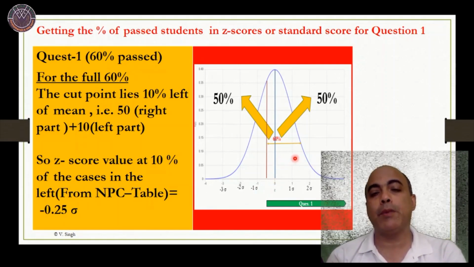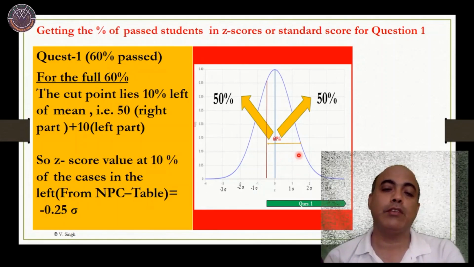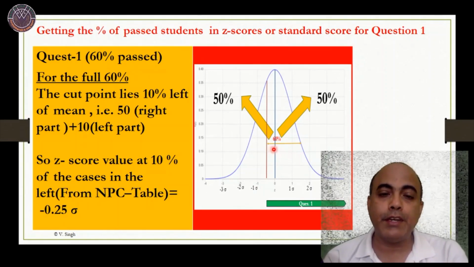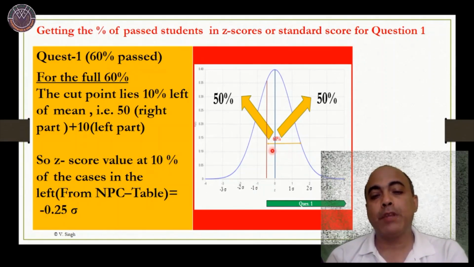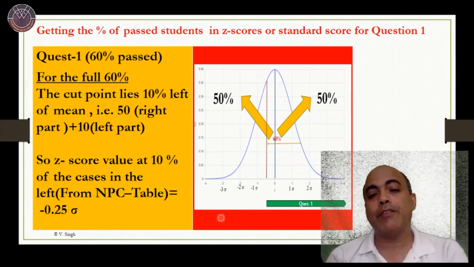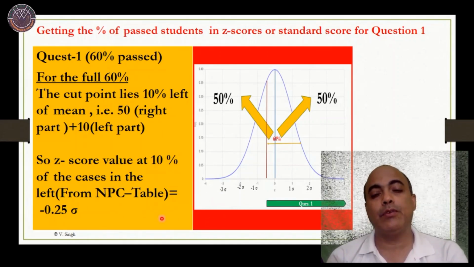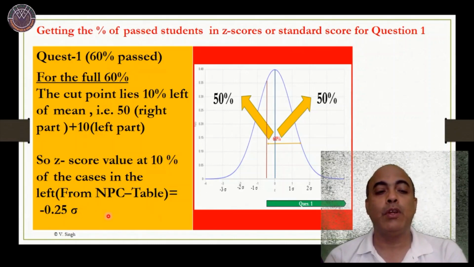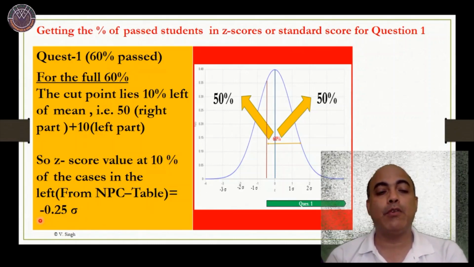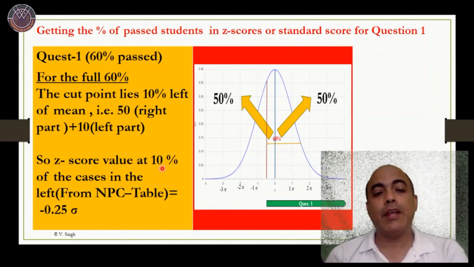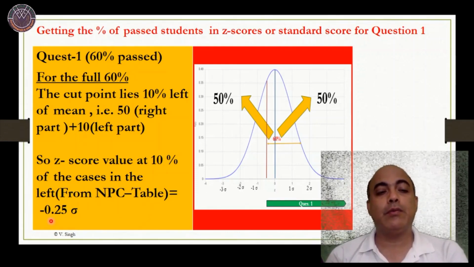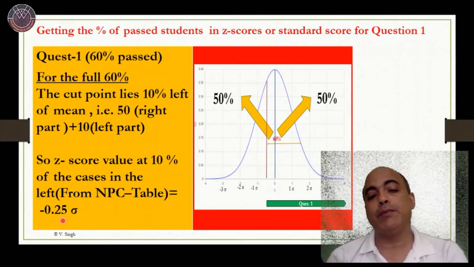The positive part is already covered, 50% of cases are already covered, and the remaining 10% are lying on the left hand side. Now, after following the NPC table to get the Z score values, we can see that this particular value for 10% of the cases is minus 0.25 sigma.